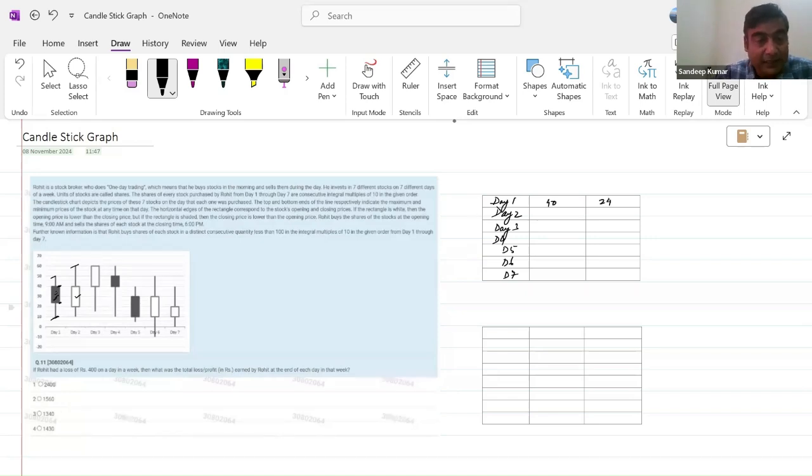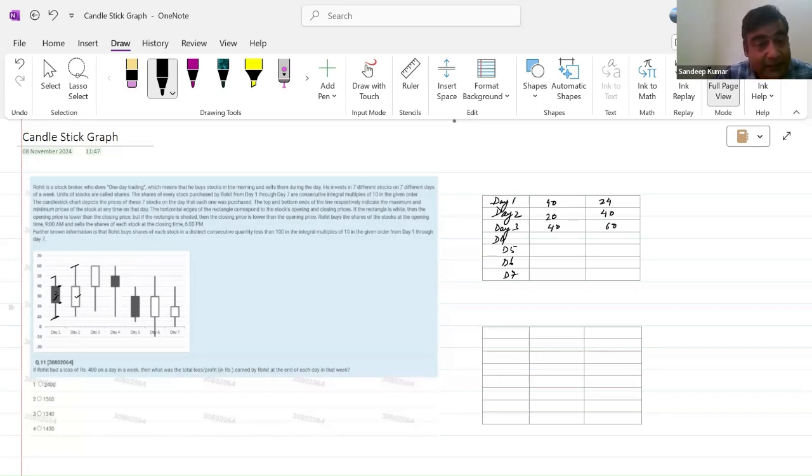Similarly, day 2 is a white rectangle. That means the opening price is lower than the closing price. The opening price corresponds to rupees 20 and the closing price to rupees 40. Similarly, day 3 is again white: 40 and 60.